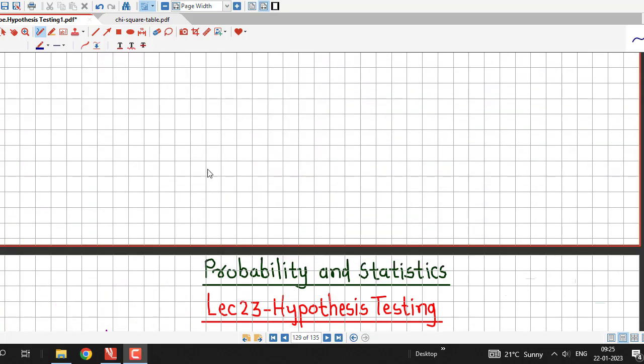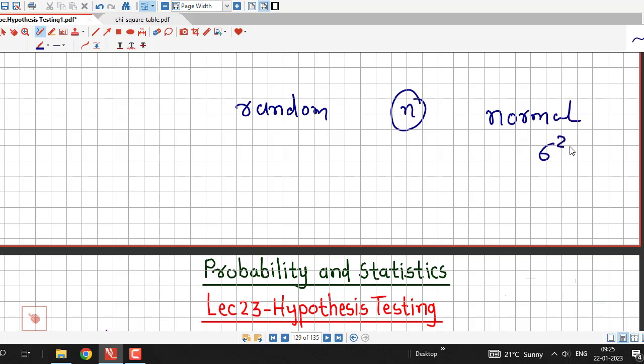What we have discussed in lecture number 22 is that suppose we are considering a random sample of size n from a normal population, and suppose population variance of that normal population is sigma square.